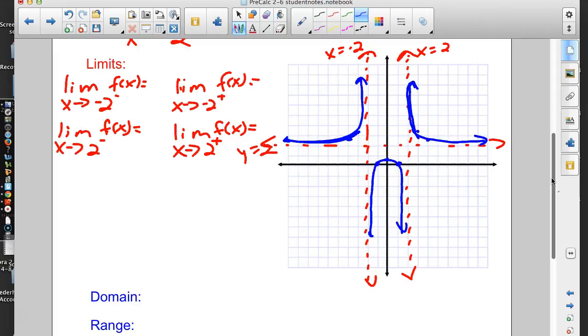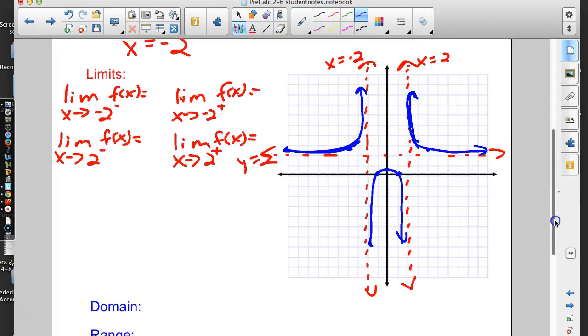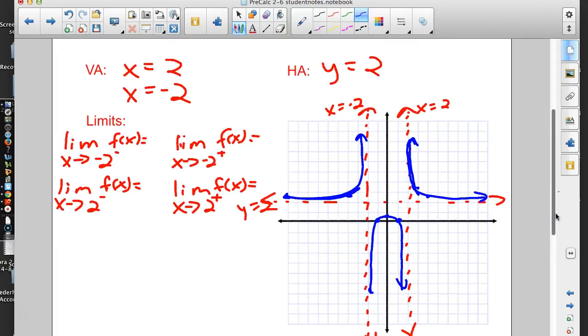So, and then we can go back and talk about our limits. And those vertical asymptotes. As we approach -2 from the left, what's happening? Come in from the left side on -2. Where's your graph going?